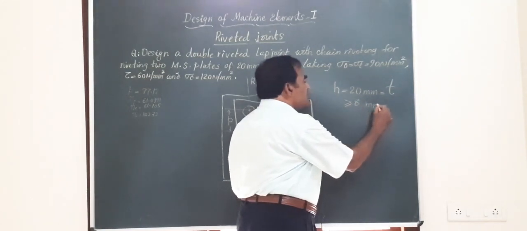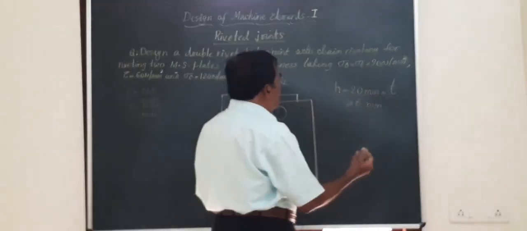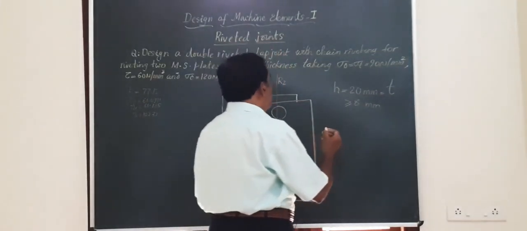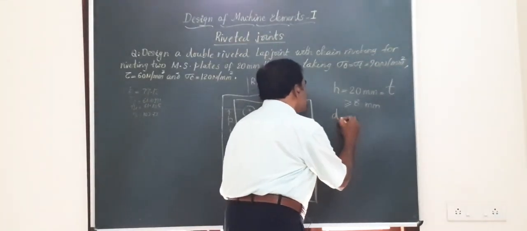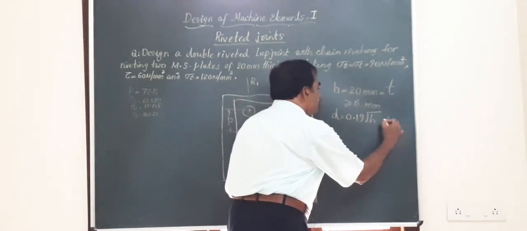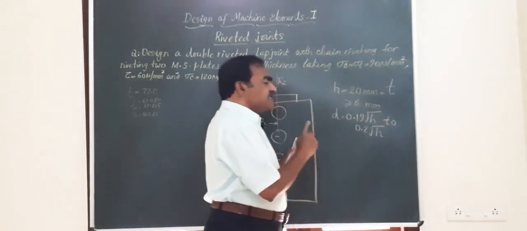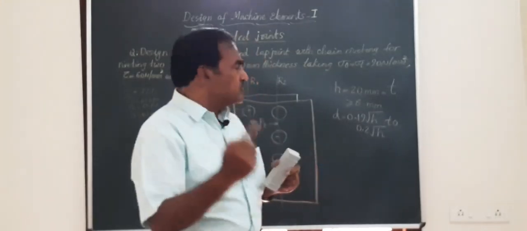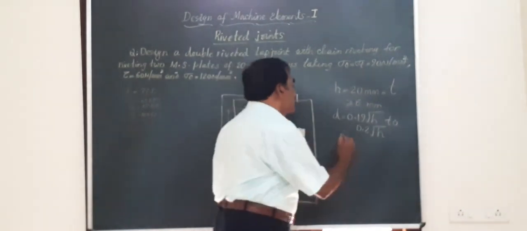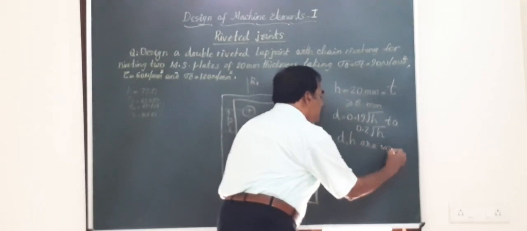So, whenever the thickness of the plates is equal to 8 mm or greater than 8 mm, there is a formula relating the thickness of the plates and the diameter of the rivet given by D is equal to 0.19 root h to 0.2 times root h, where D is the diameter of the rivet to be used and small h is the thickness of the plate. Remember friends, here both D, h are in meter. So that is very important.